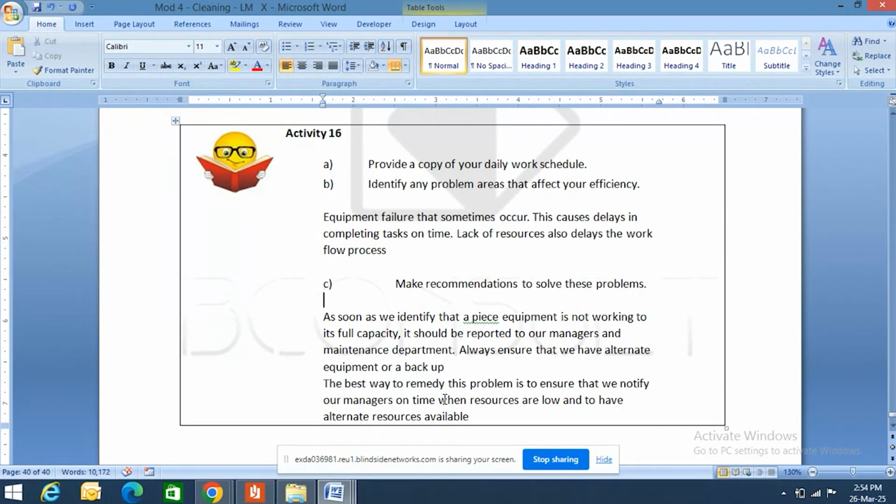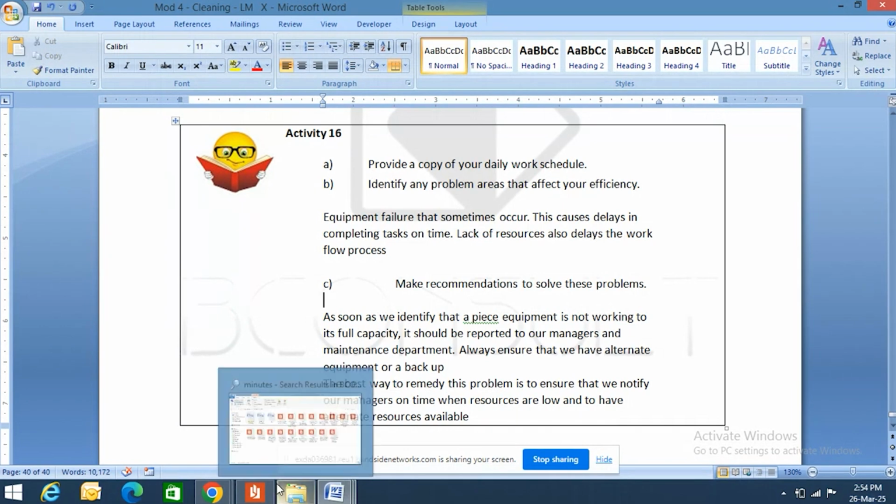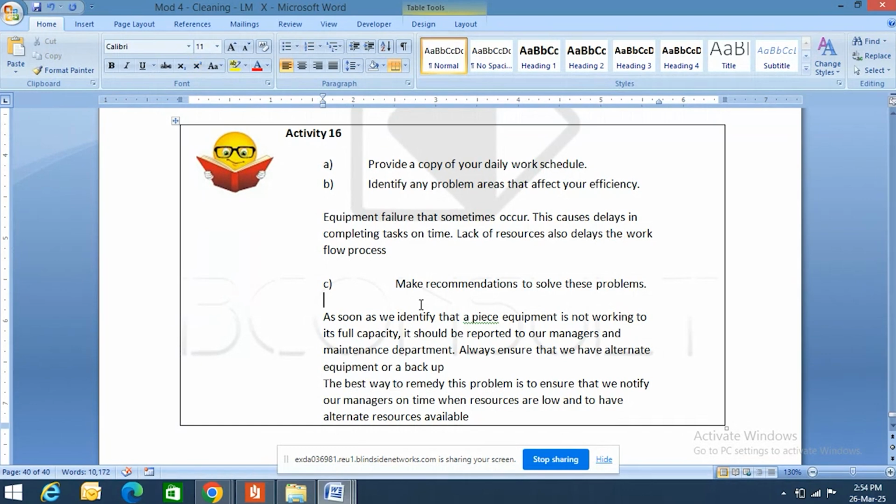Yes, what? Are you on the learner guide, module 4? This is not the learner guide, my darling. This is the answers that I wrote. You can see I wrote it in the question. Number 16.